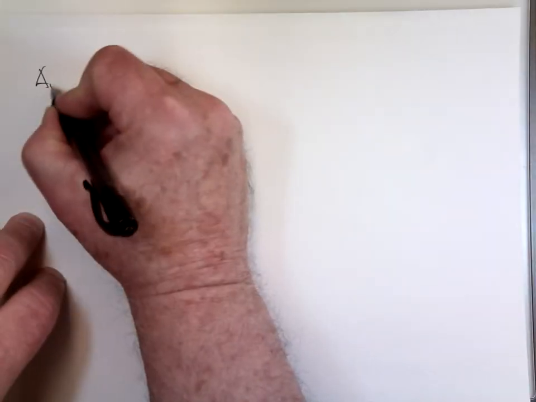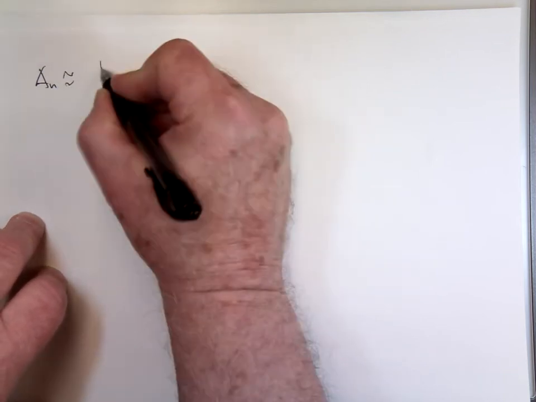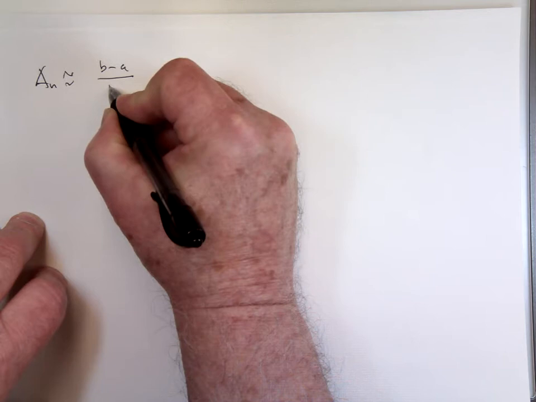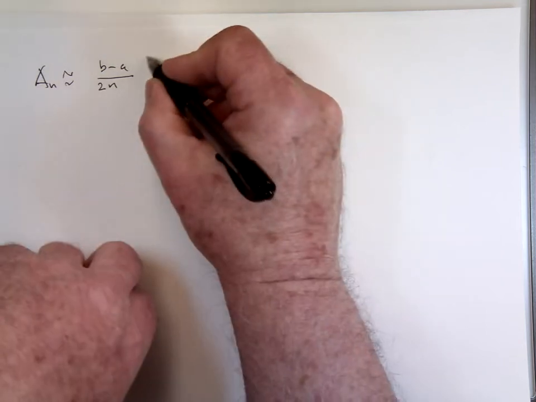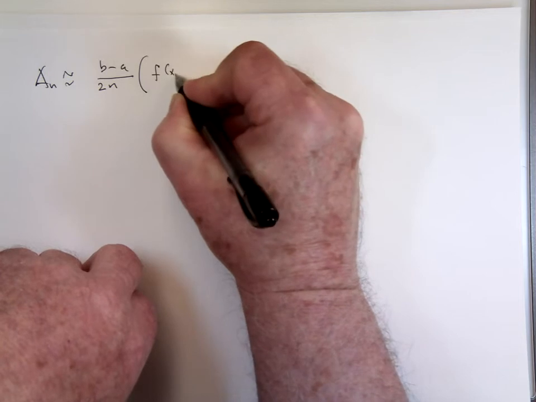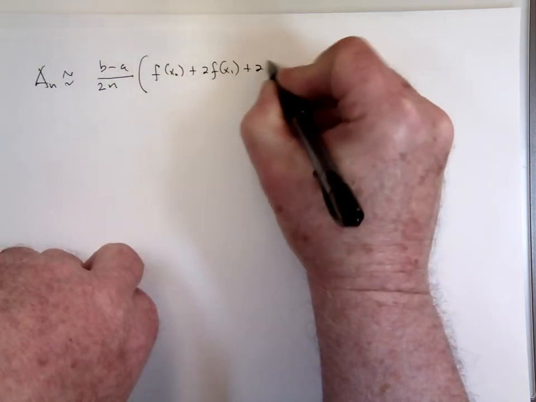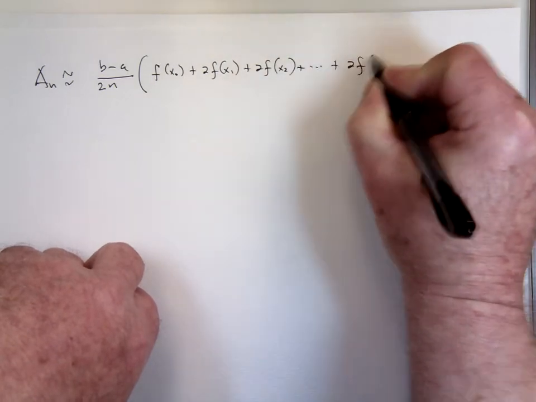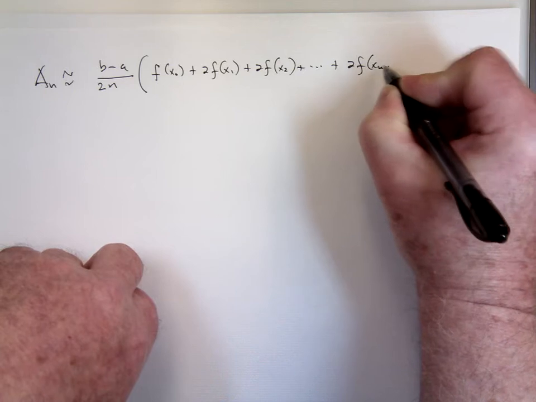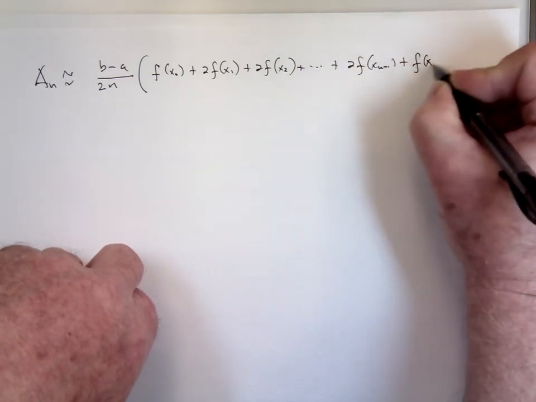The area in terms of n trapezoids is approximately equal to b minus a over n times 2 times this sum: f of x sub naught, 2 f of x sub 1s, 2 f of x sub 2s, 2 f of x sub n minus 1s, f of x sub n, like so.